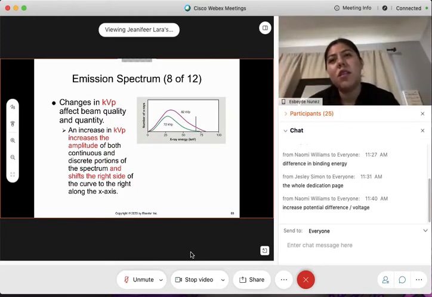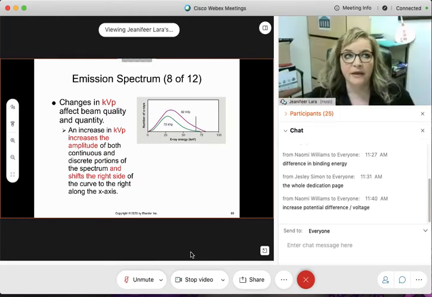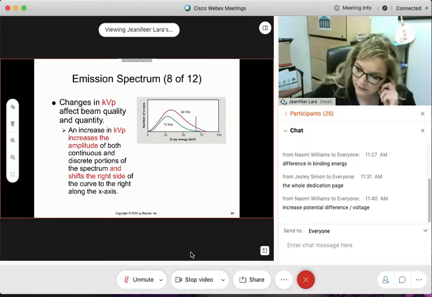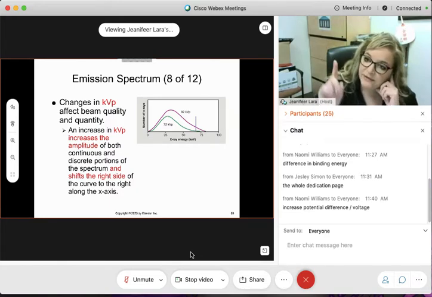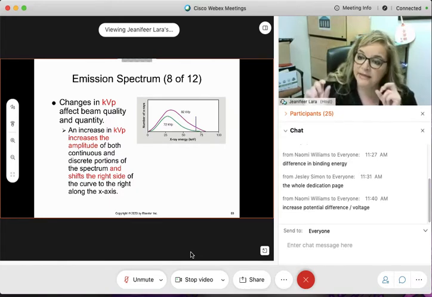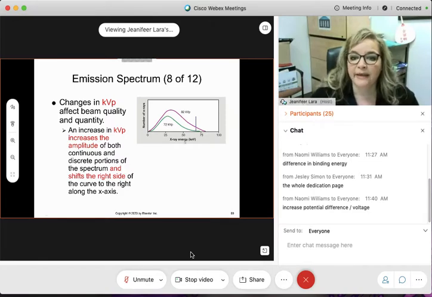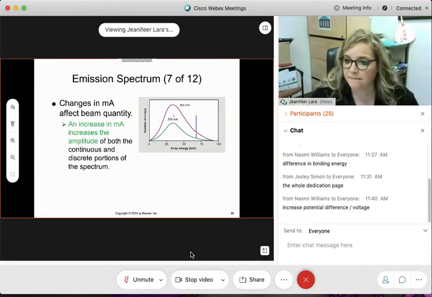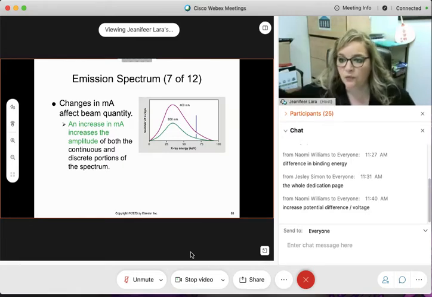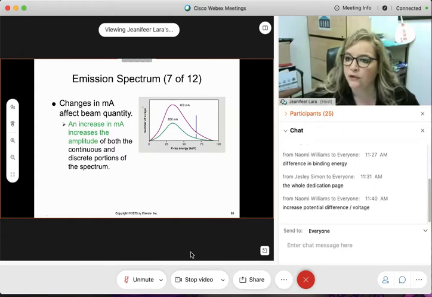If the kVp is increased by 15%, it corresponds to doubling the mAs, but it does not mean that doubling the kVp will double the number of X-rays. The number of X-rays is controlled by mAs alone.